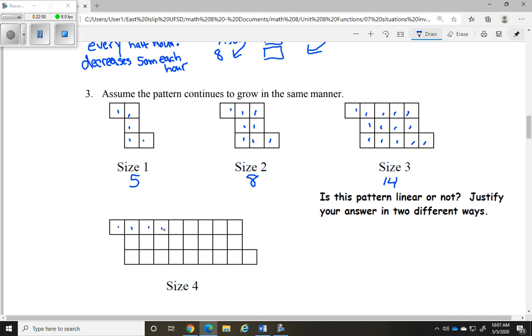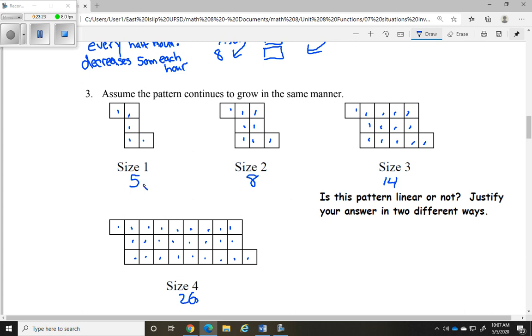And 1 through 26 in the fourth size. So it went up one size each time, size 1 to size 2 to size 3 to size 4, but the blocks did not increase by the same rate each time.